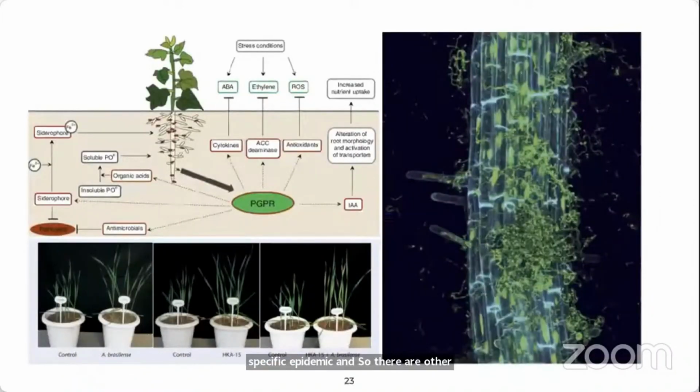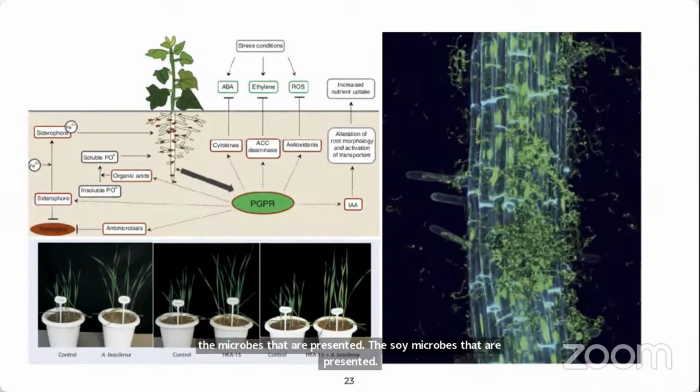For example, this actually discusses understanding the rhizosphere, which is defined as the soil zone around the plant roots, right? And this soil, as we know, is rich in nutrients, and in this region there is an intense interaction that takes place between the plant root tips and plant roots and the microbes that are present in the soil, microbes that are present in the plant roots, right?